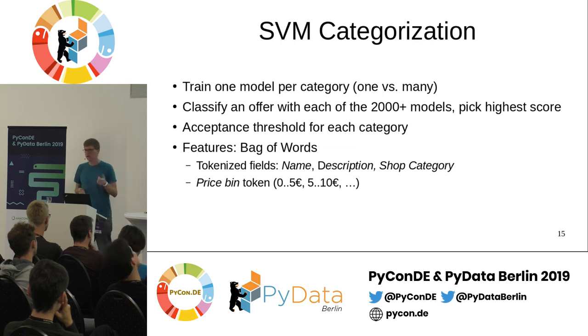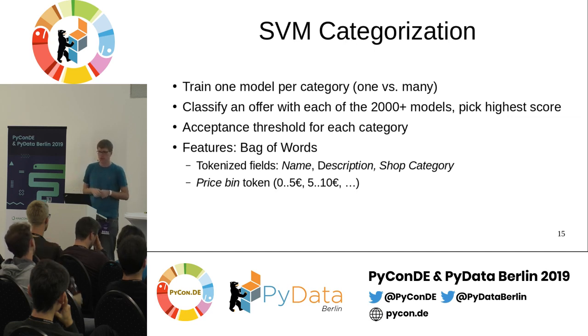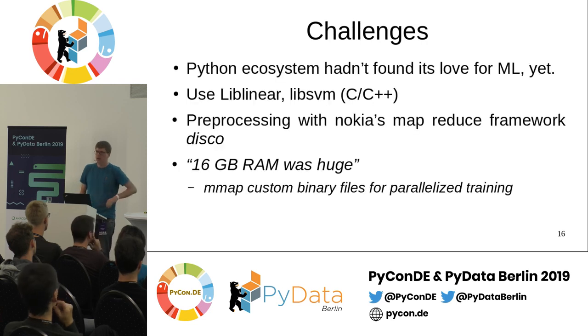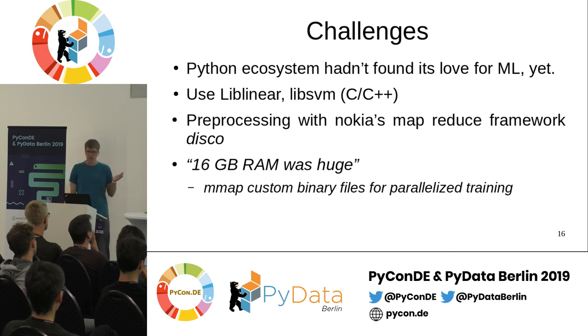So using the price, but not the exact price, because it would be much too fine-grained. But use binnings from 0 to 5 euro, 5 to 10 euros, and so on, to have some span. And this was just created as a token and thrown into the bag to be learned from, and that's it.